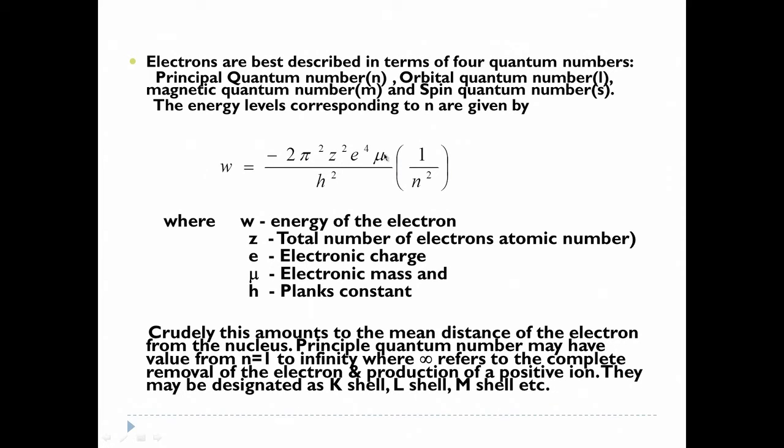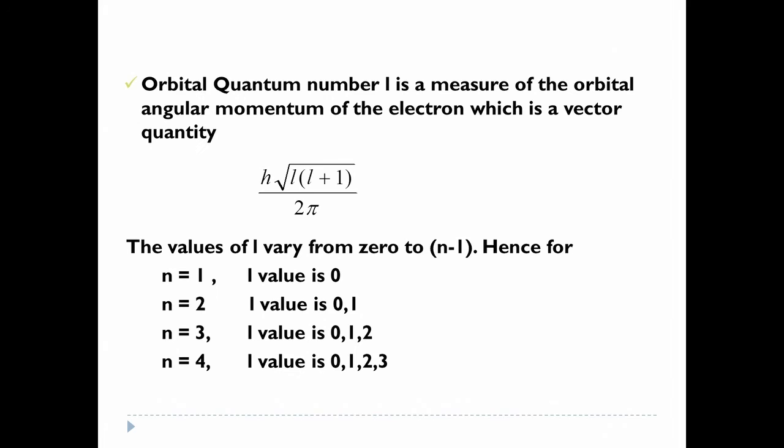I will not go into the details of the derivation of these equations, which are fairly well described in a lot of textbooks, and it has not much relevance to what we are going to study in this MOSC course. For our practical purposes, we can say that the orbital quantum number is a measure of the orbital angular momentum, which is given by h into the square root of L into L plus 1 divided by 2 pi.